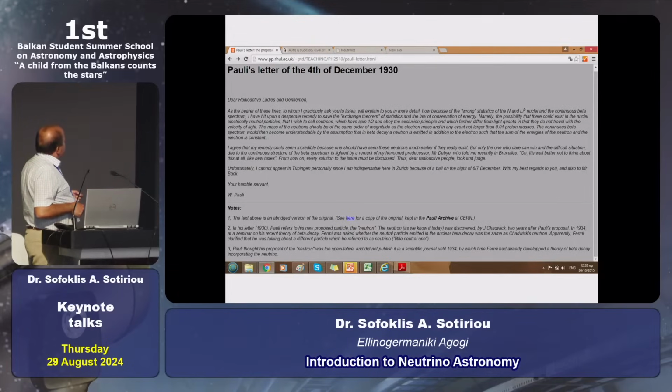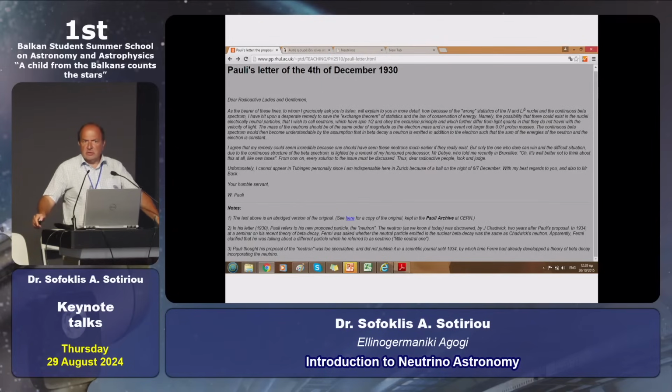So he's using the term neutron. The neutron was not discovered at that time yet. It will be discovered 2 years later. In fact, he is too skeptical about this proposal. He's not really sure, so he's not publishing it.